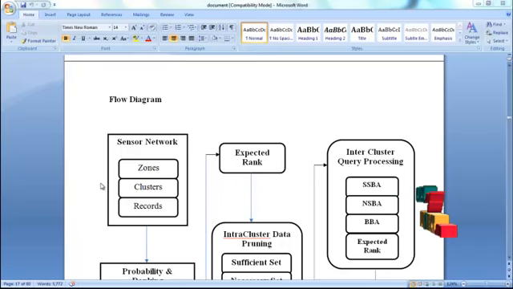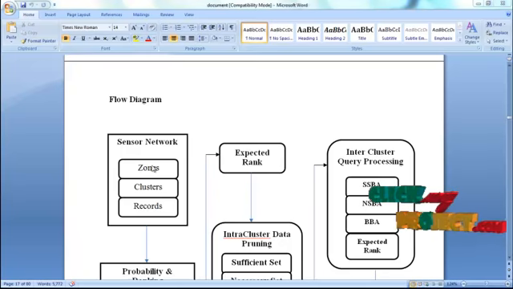Now we see the data flow diagram. A data flow diagram is a symbolic representation of the flow of our project. In this data flow diagram, rectangle symbols indicate the status of the project. Arrows indicate the flow of the project.